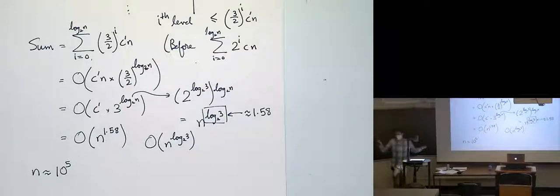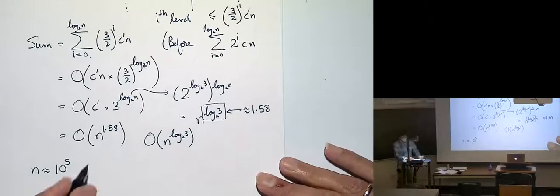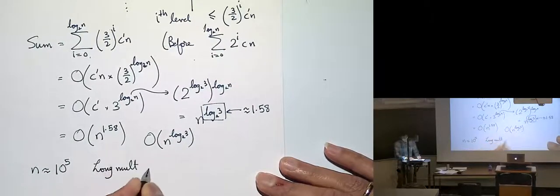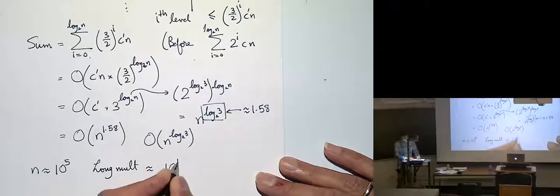Here n is not the number, but rather the number of bits, which is huge. If you did long multiplication, you're looking at something like 10 to the 10 operations.